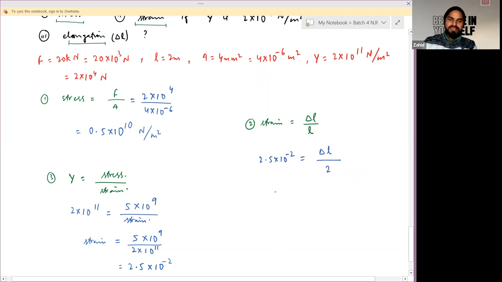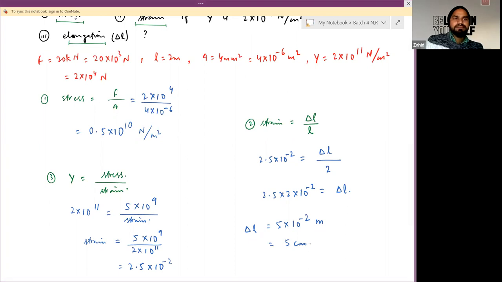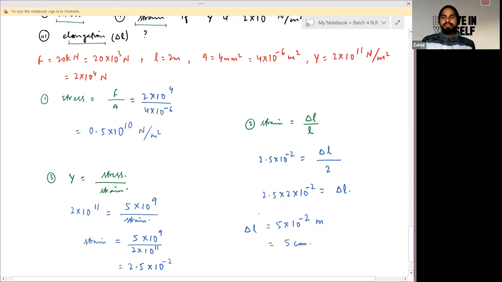So move this 2 to left hand side, you'll get 2.5 into 2 into 10 to the power minus 2 is equal to delta L. So 2.5 into 2, it will be 5 into 10 to the power minus 2 equals to delta L. It will be in terms of meter. So if you convert it in terms of centimeter, it will be just 5 centimeters. Is it clear? Yes, sir. Okay, just write it down.